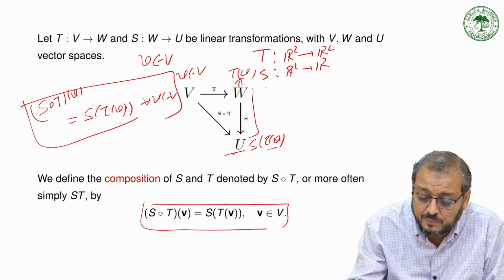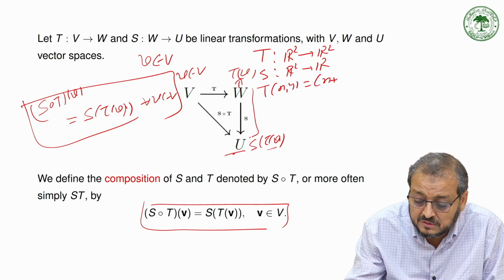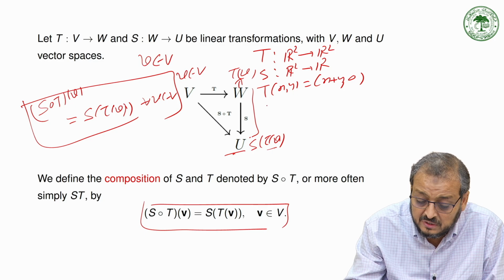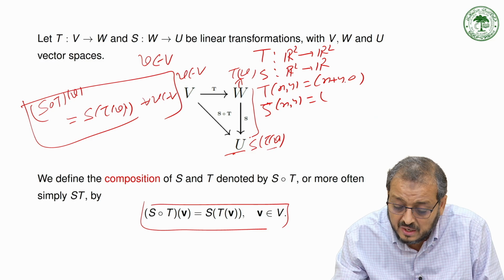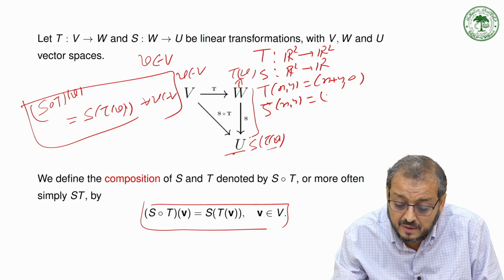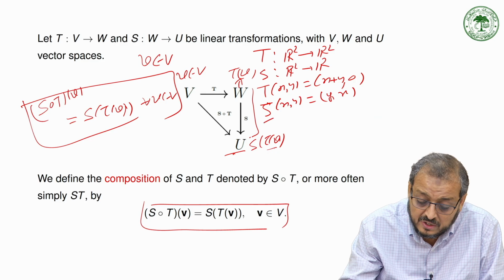T of (x, y) is equal to (x plus y, 0), and S of (x, y) is defined as (y, x). Then we have to calculate what is T composition S.